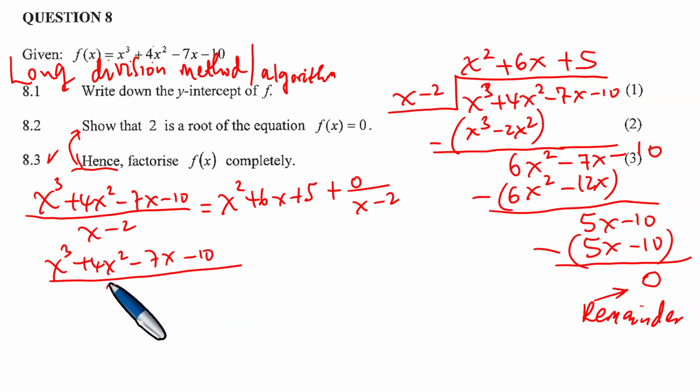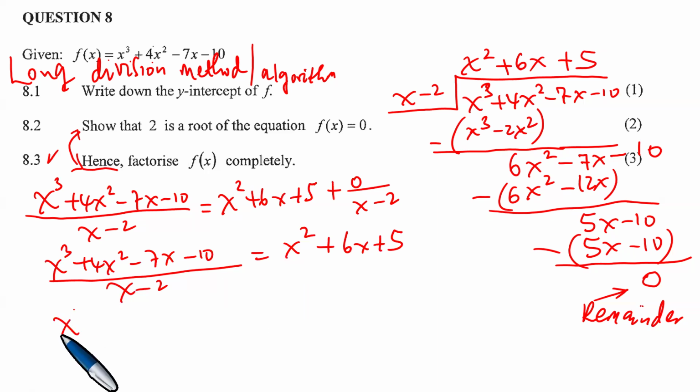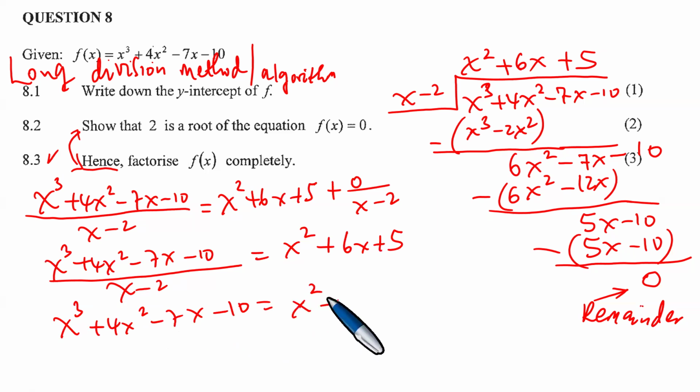Which is x squared plus 6x plus 5. So you cross multiply, this x minus 2 is going to sit next to it.